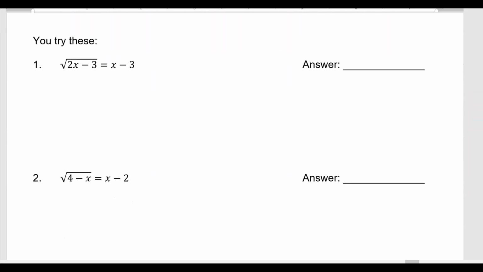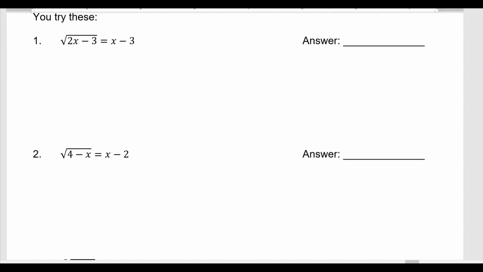Let's move on. We have the square root of 2x minus 3 equals x minus 3. We're going to square both sides since this radical is already on one side by itself. So we're going to square both sides, and we have 2x minus 3 on the left side. Right side, what is x minus 3 squared?